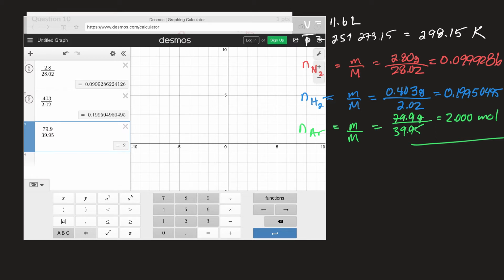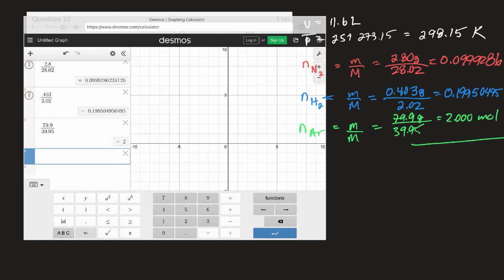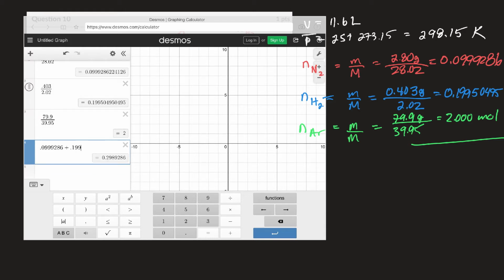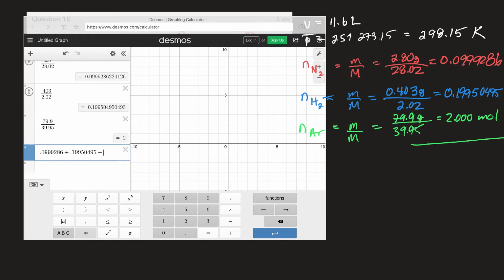I think it's going to be 2.2, 2.3 something, but let's add it. 0.0999286 plus 0.1995045 plus 2.